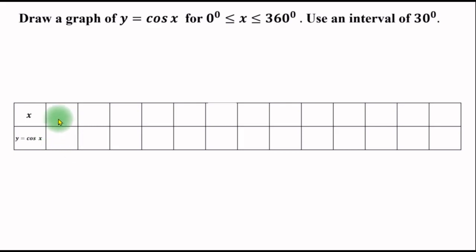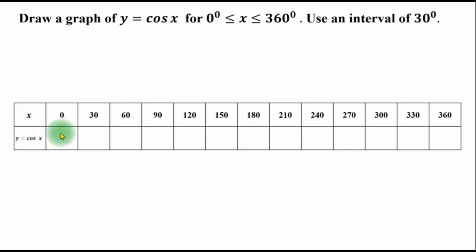Then we put all the values from 0 all the way to 360 degrees. So we fill the table, and then we get the corresponding values of cosine x.